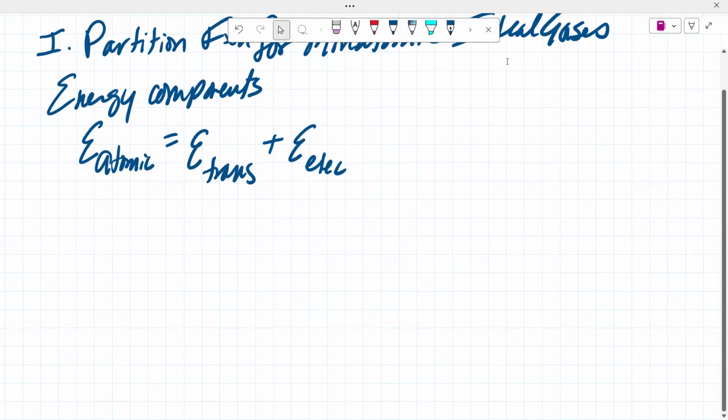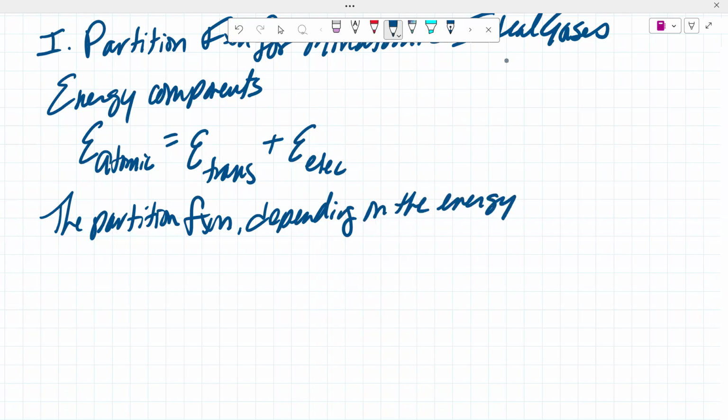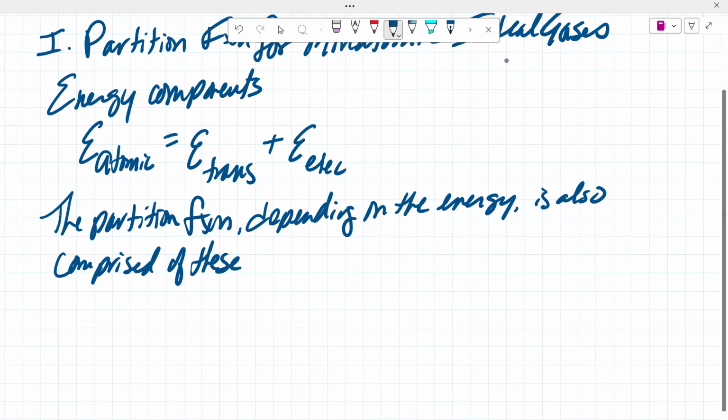All right, the partition function, depending on the energy, is also comprised of the same components and similarly can be decomposed. Components.